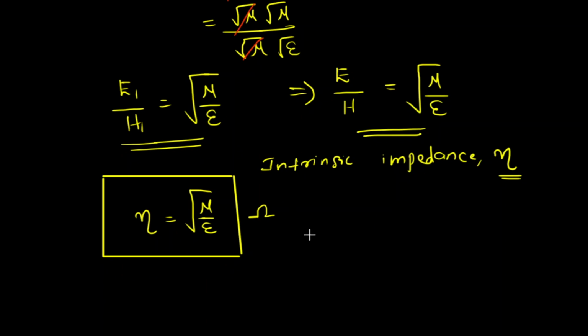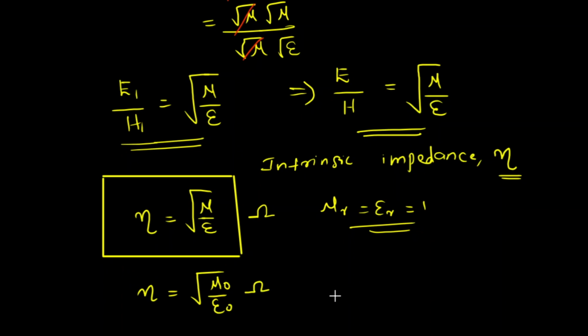Now let's go further, something interesting. We are talking about free space, because the wave propagation was found in free space. So mu r and epsilon r will be 1. This ratio can be written as square root of mu naught by epsilon naught ohms.